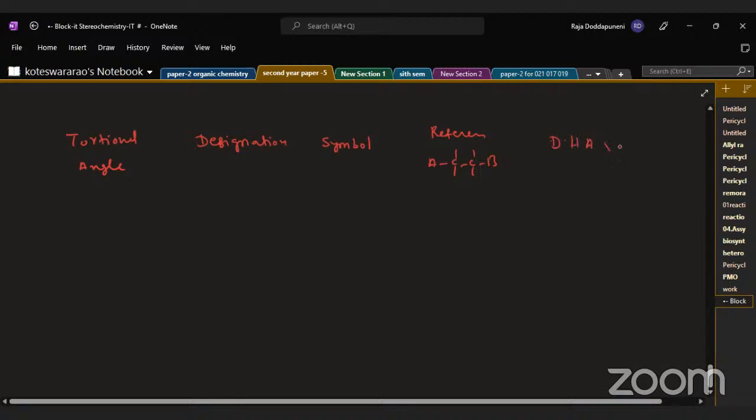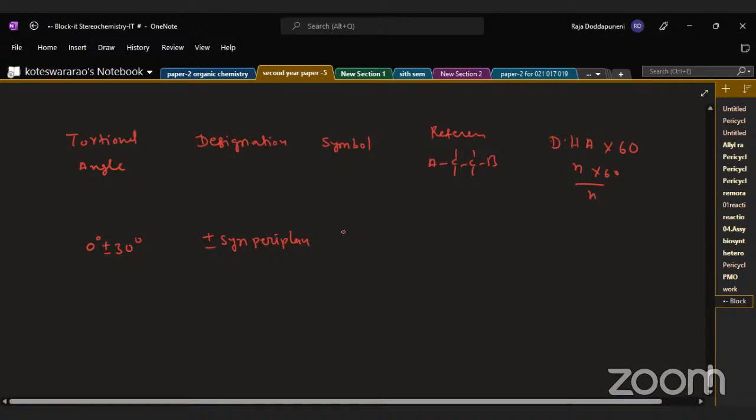is multiplied with 60. How many times it will be multiplied? Suppose it is taken as n, then n is represented here. Now the first one, 0 degrees to plus or minus 30, is known as plus or minus syn periplanar.